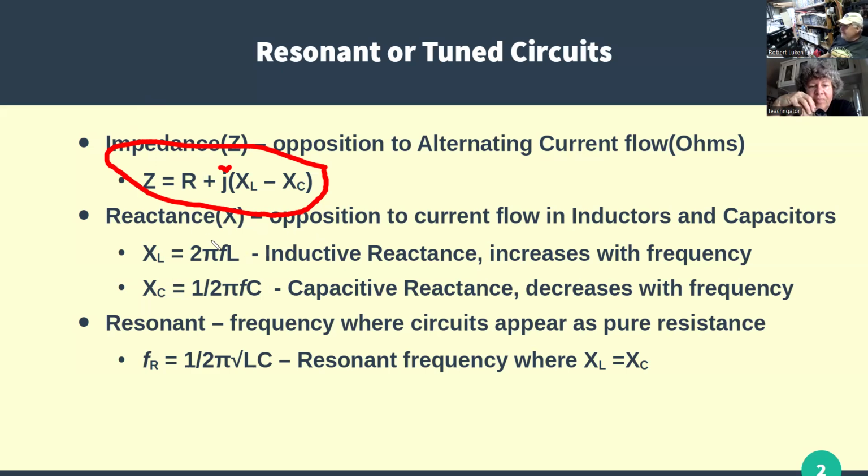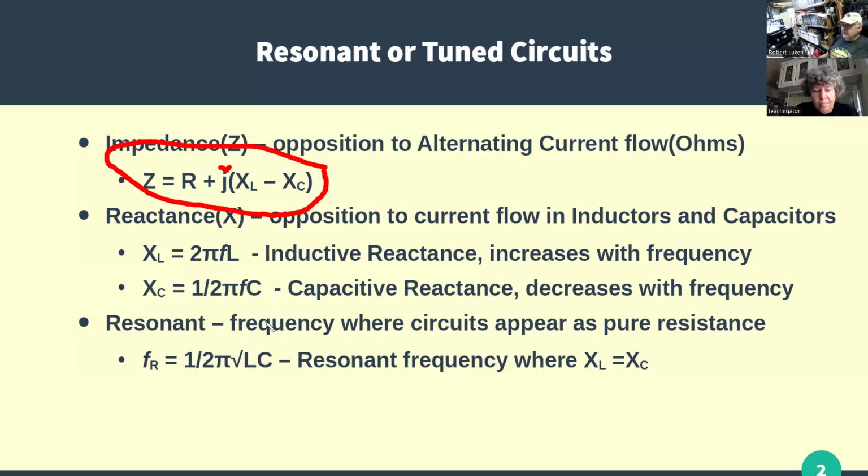So the formula for inductive reactance is 2 times pi times the frequency times the amount of inductance. And that will give you a value in ohms at a specific frequency. For capacitive reactance, it's 1 over 2 times pi times the frequency times the capacitance. So it's kind of a reciprocal value.